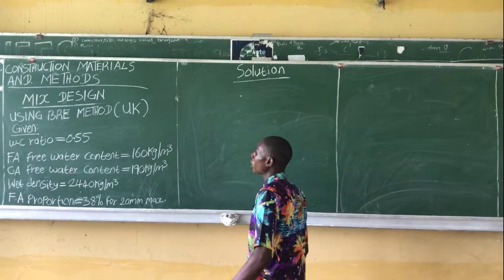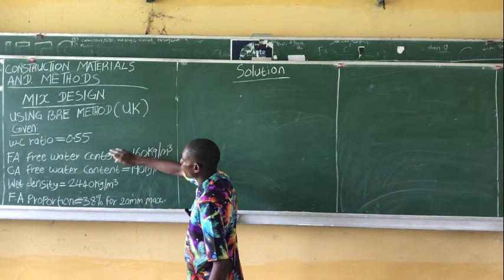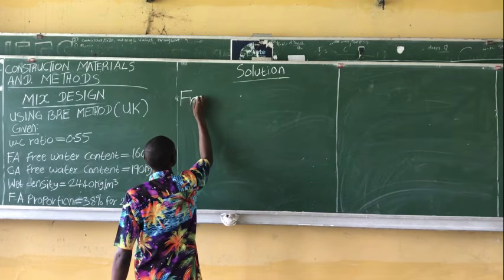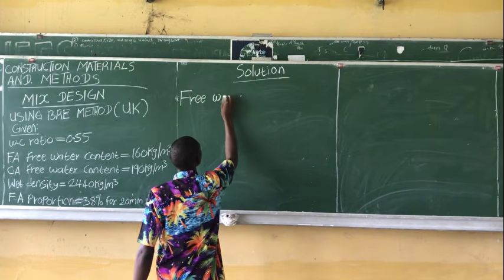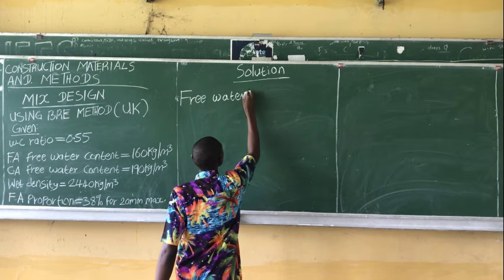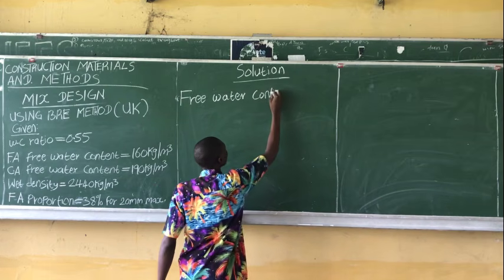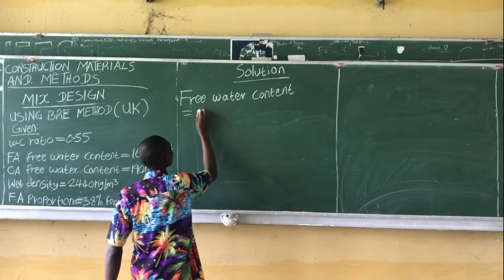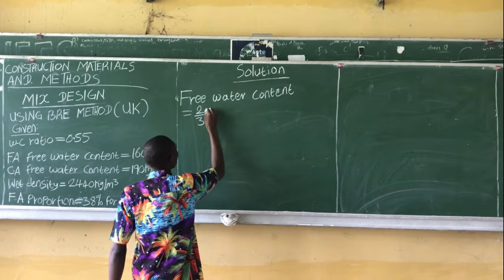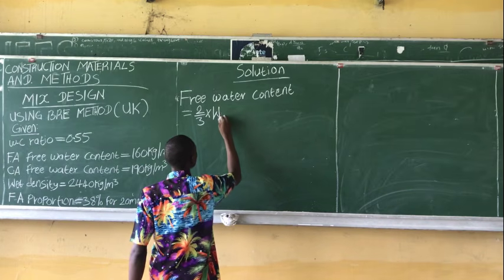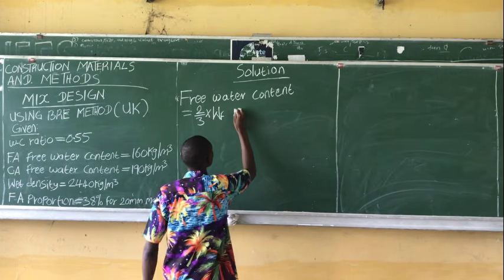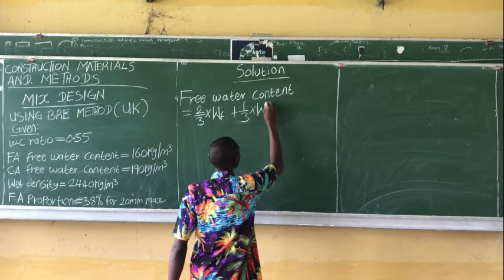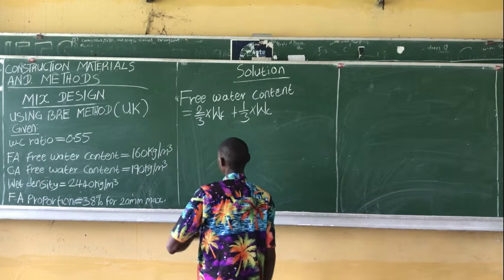So the first thing we do is to find the total free water content. The free water content is equal to 2/3 of the free water content for fine aggregate plus 1/3 of the free water content for coarse aggregate.